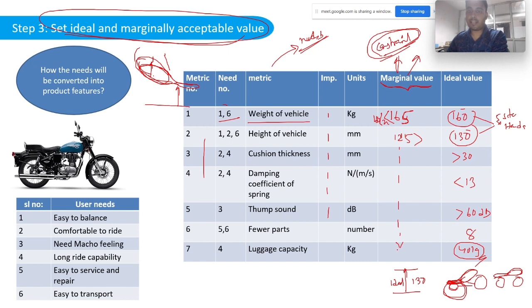That means luggage carrying capacity will reduce, that means it will be 30 plus. Okay, so like that you alter your specifications from ideal because of other requirements for your design. Got it? Yes.